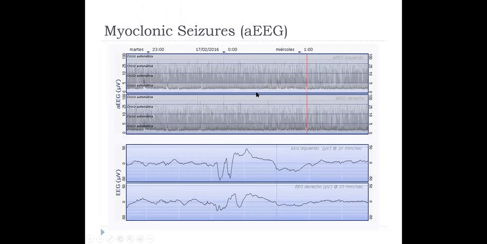Okay, this is the background pattern, burst suppression with these mountains, and we activated the recognition software, but the software made no marker. Why? Because the activity in myoclonic seizures is sometimes very different between seizures.